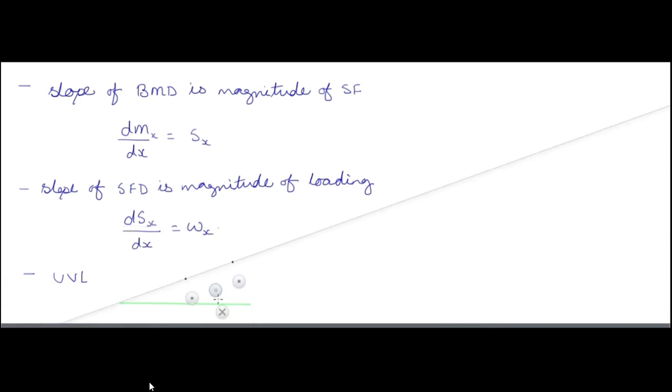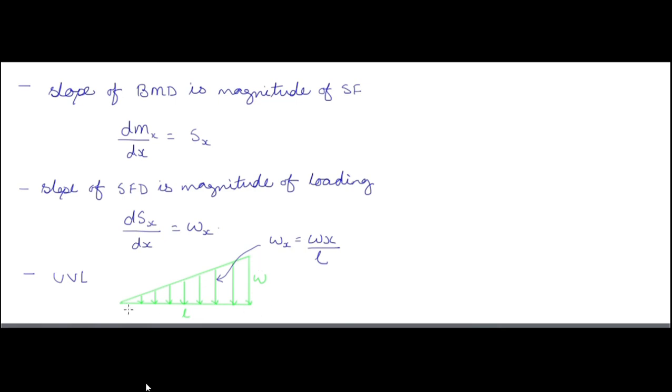So this is the UVL, this has been told before also. So this is the BMD, this is the UVL. So in UVL the load is varying uniformly, so along the length the load varies.